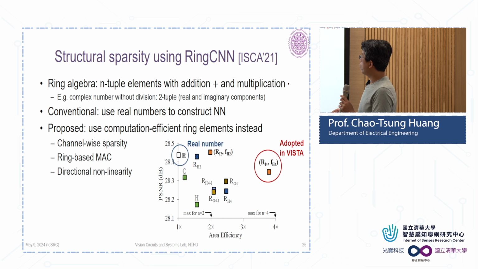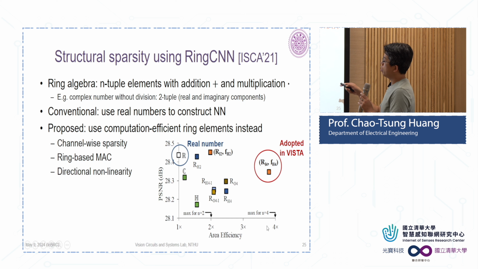And this is our final finding. We find that we can reduce the complexity to only 25%, or in terms of area efficiency, we can have 4 times the area efficiency with only a graceful image quality degradation.